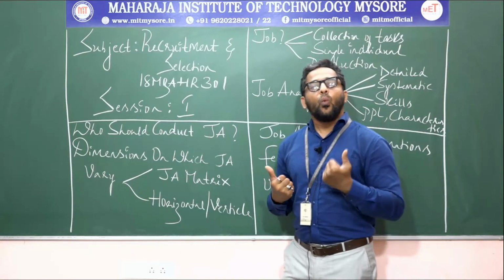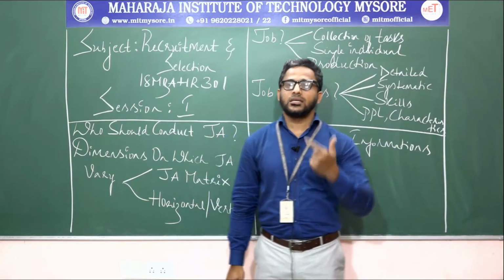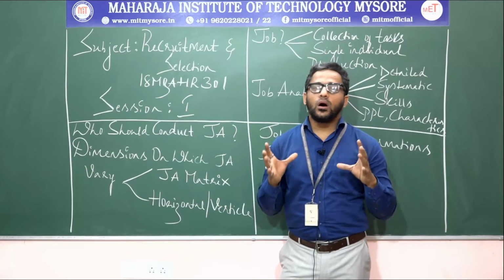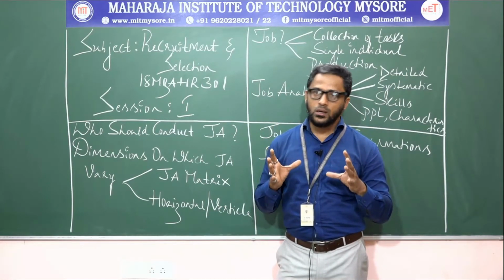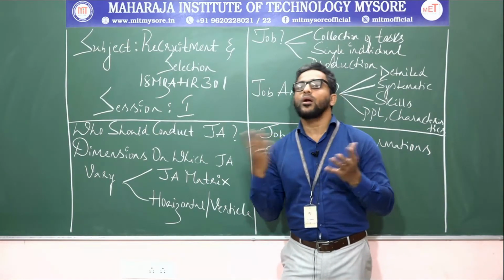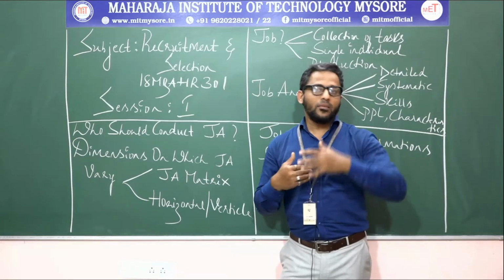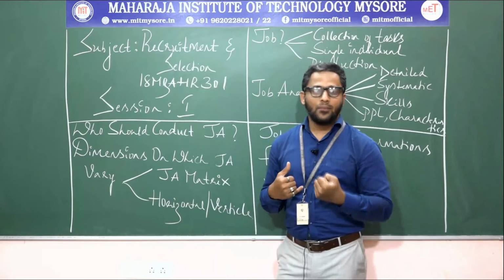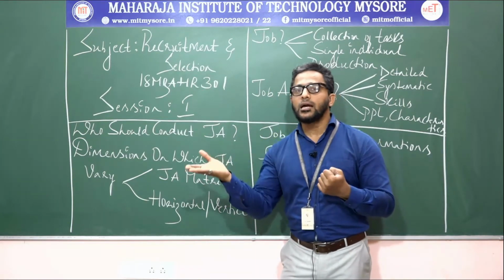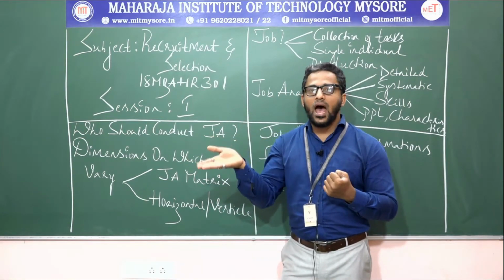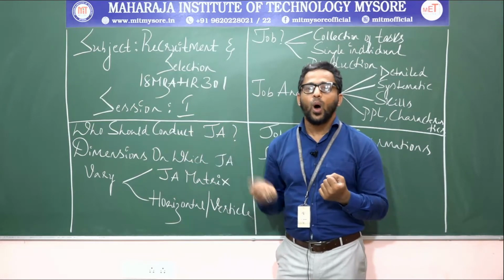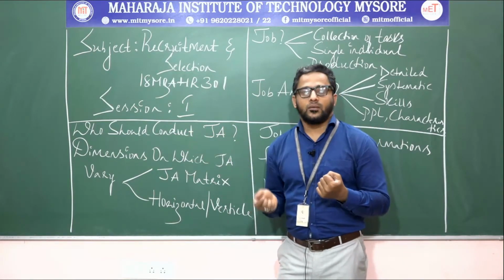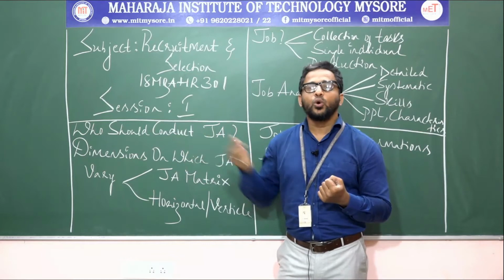And next, how the worker does it. On one side, I am giving a job, a duty, a task, a responsibility. On the other side, I have to tell my employee how the employee or an individual should do it.